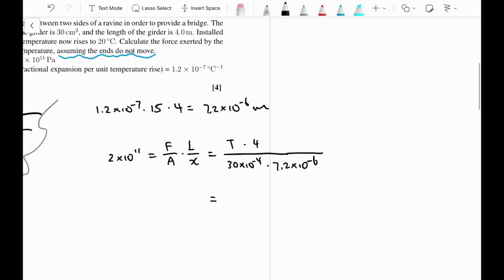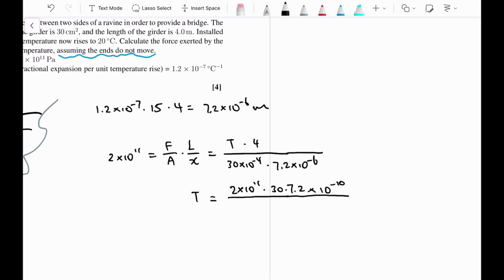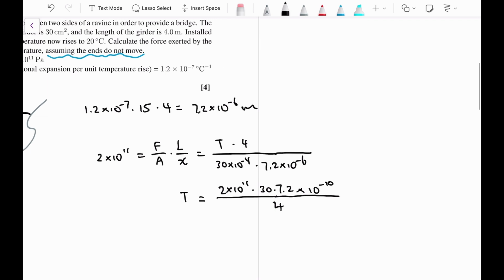Then we have to isolate T, so T will be simply equal to 10 to the 11 times 30 times 7.2. I'm going to combine the powers of 10, so this will be 10 to the power of minus 10 over the 4.